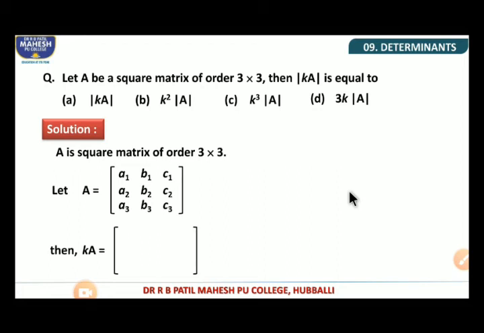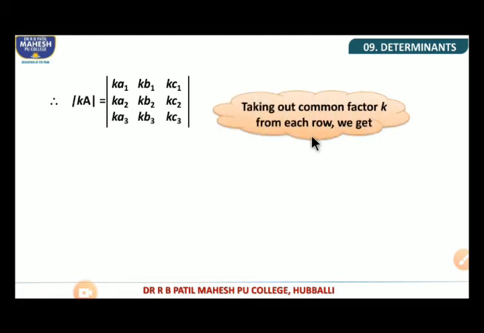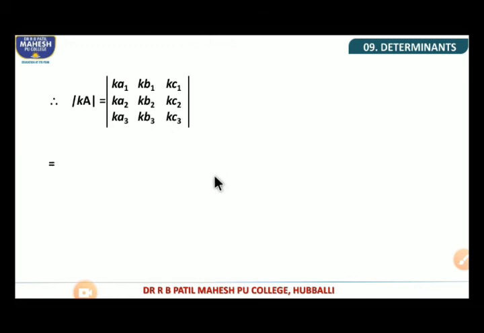So we have the matrix as it is, and now we can apply the determinant of k into A. So we can apply the determinant to this whole matrix. Now taking out common factor k from each row: from the first row, second row and third row means we are taking it 3 times, so it will be equal to k³.